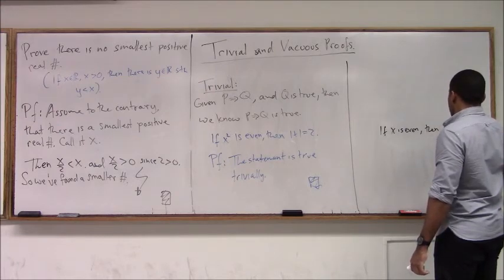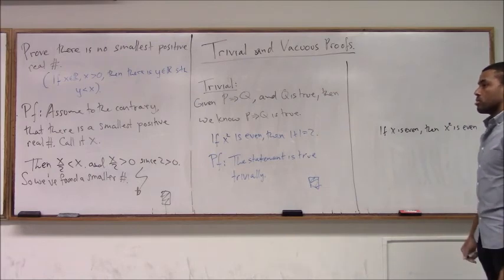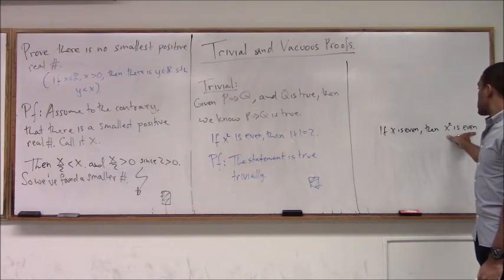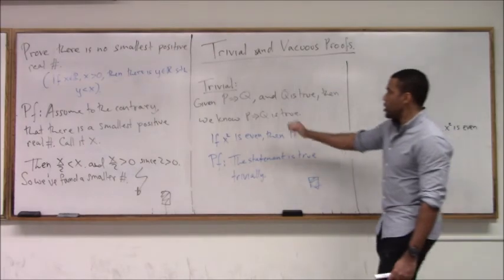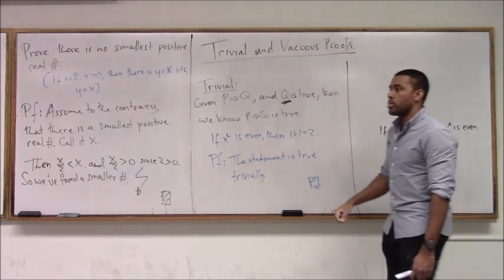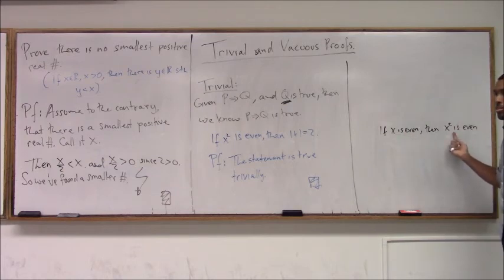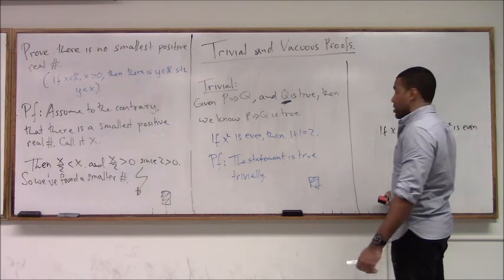But how do you know the truth value for this? Because if x is even, the power would be even too. Yeah, but you're assuming this, not that. I made a statement about Q. We know about Q. Alright, I see the point. If you know about x, that's not saying anything about this. So you actually don't know about this. You couldn't do that. So let's use direct proof for that one.